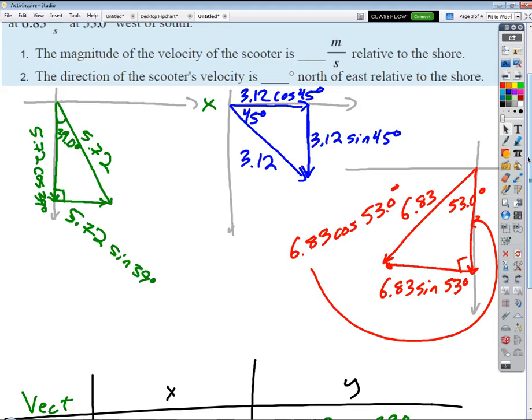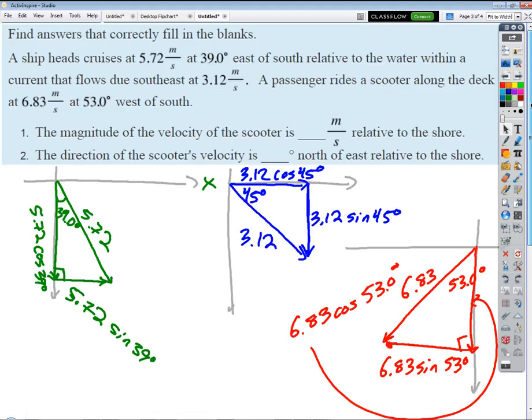What if I had instead defined all three of these angles relative to due east? Instead of defining them as they were given in the directions, as east of south, or west of south, what if I had redefined all of those angles as just being north of east? If you do that, something convenient happens.